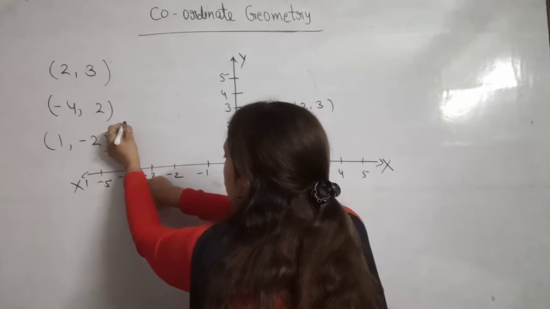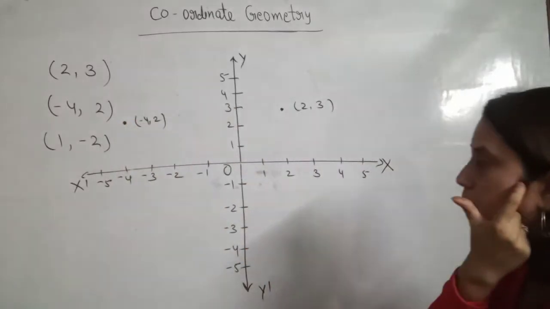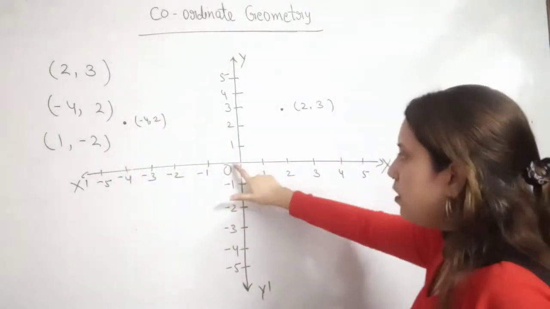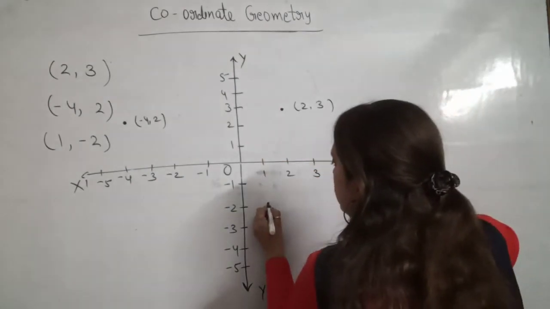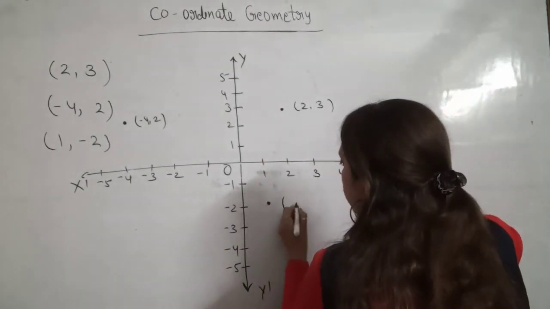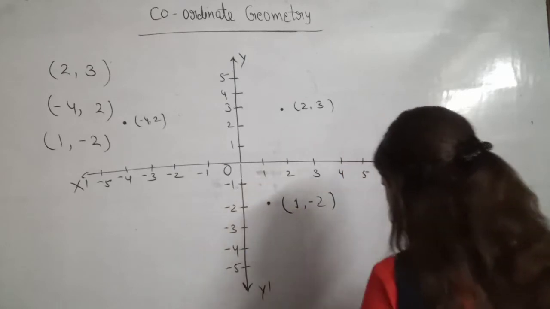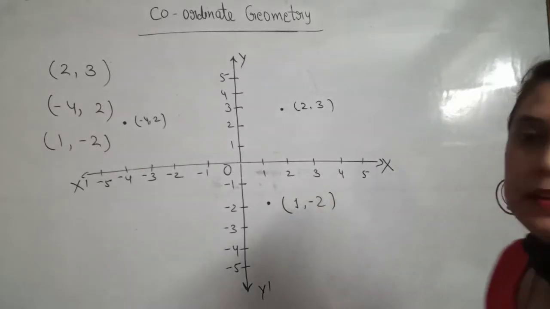So this is the point -4, 2. Next, 1, -2: x-axis positive 1 on the right hand side, -2 downward. So this is 1, -2.